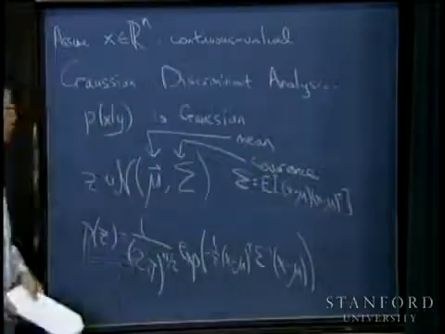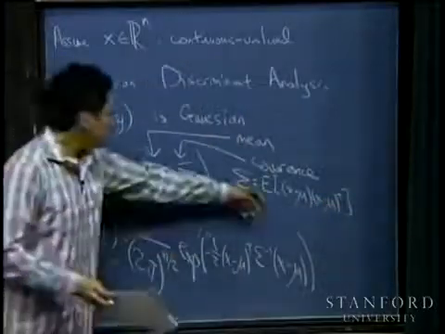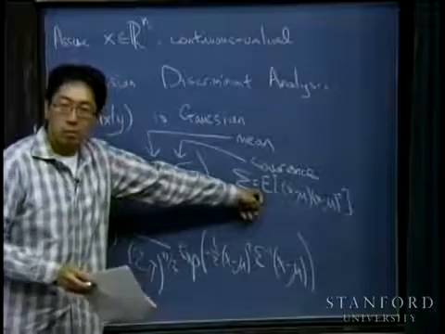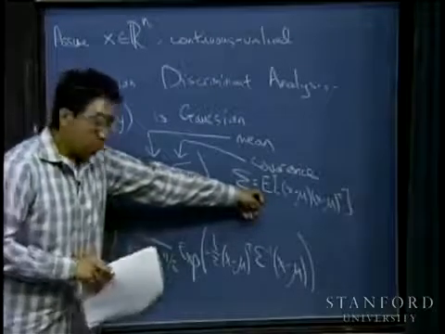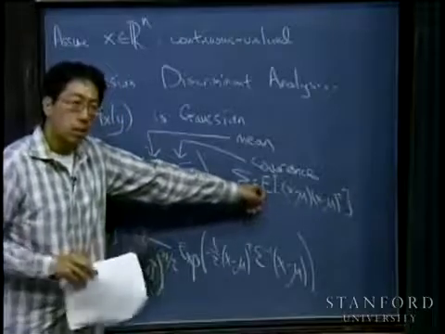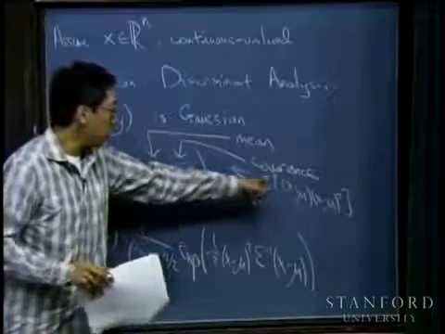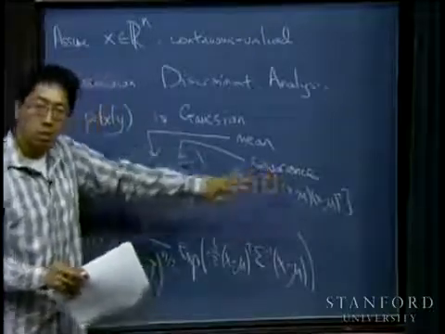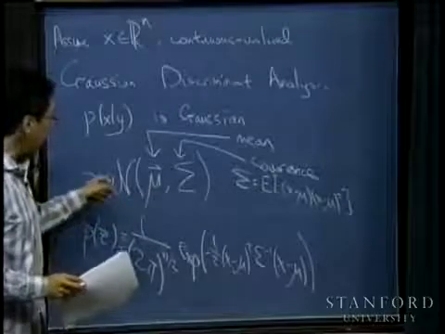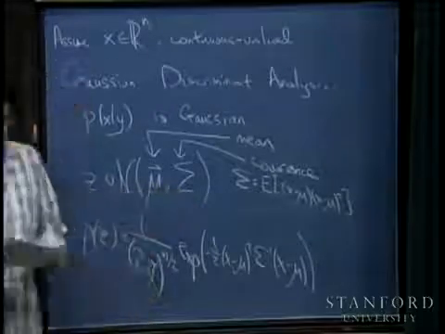If this doesn't look familiar to you, you might rewatch the discussion section that the TAs held last Friday, or the one they'll be holding later this week, on a recap of probability. So the multivariate Gaussian is parameterized by a mean and a covariance.